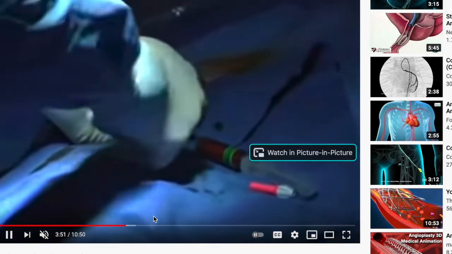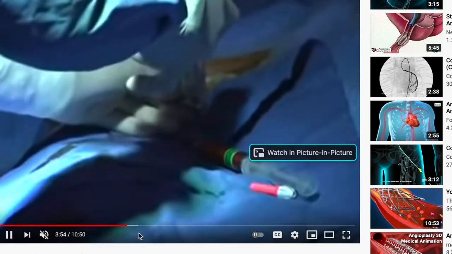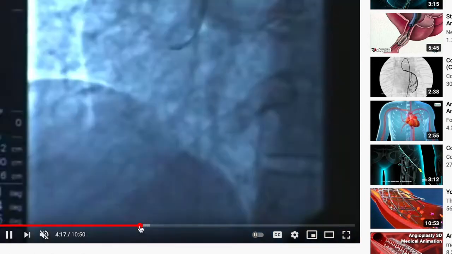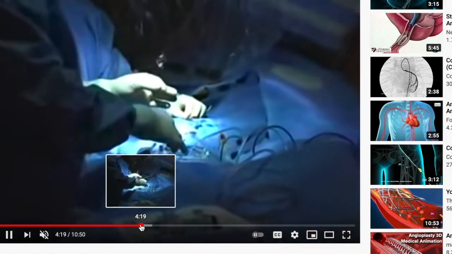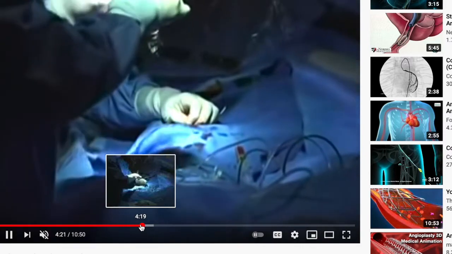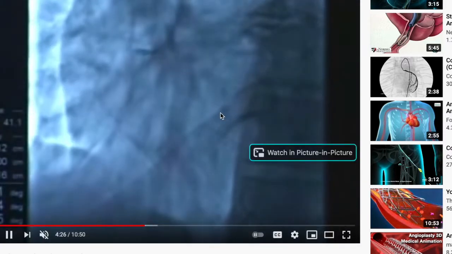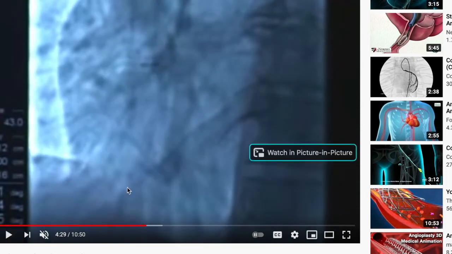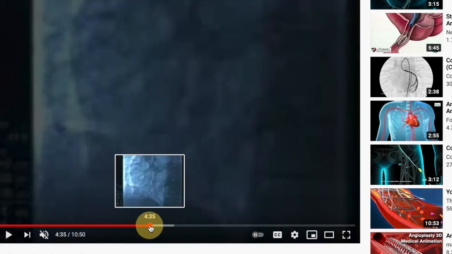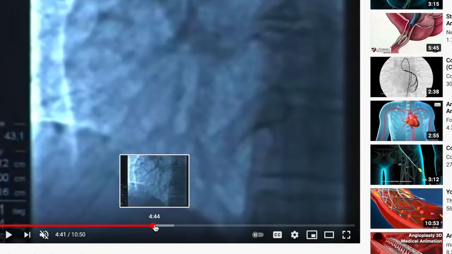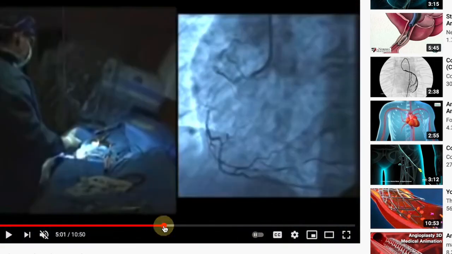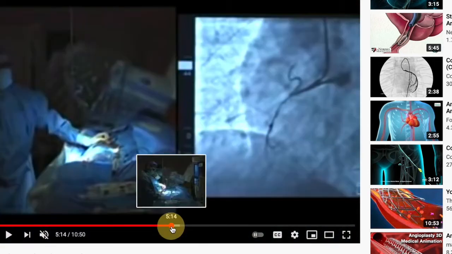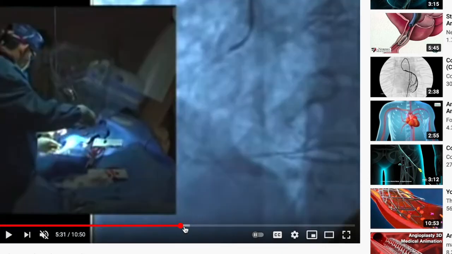Okay. So they are going to feed a wire up through the catheter that they put in, and they're going to do what's called an angioplasty. So there's a little tiny balloon that they're going to, let me pause this actually. There we go.